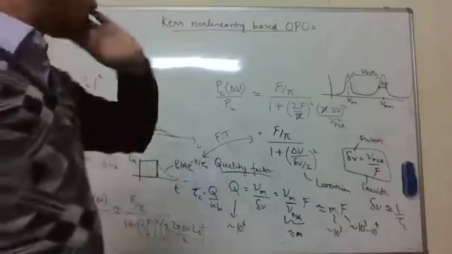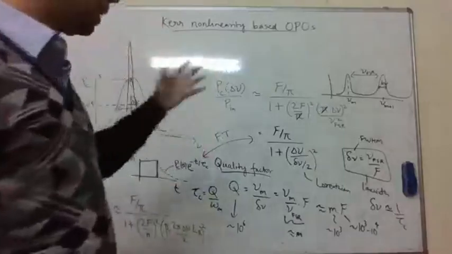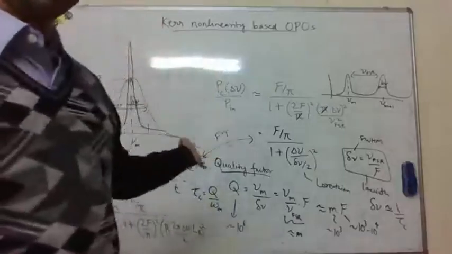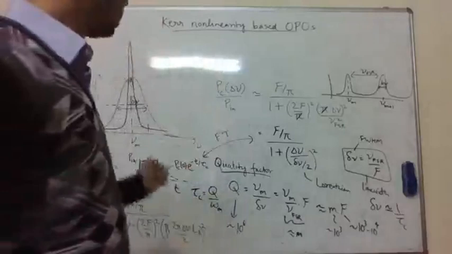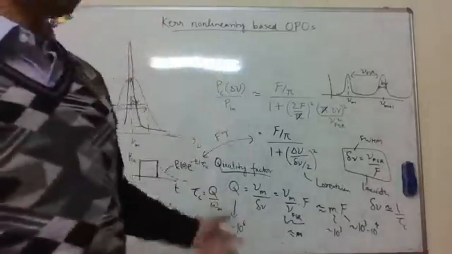So basically, we discussed the cavity properties in the presence of dispersion, anomalous dispersion, etc., in detail. Now we'll see what happens in the OPO process itself.